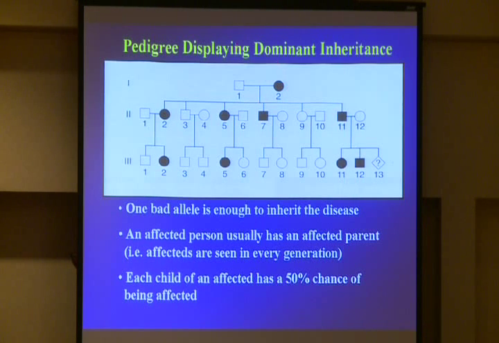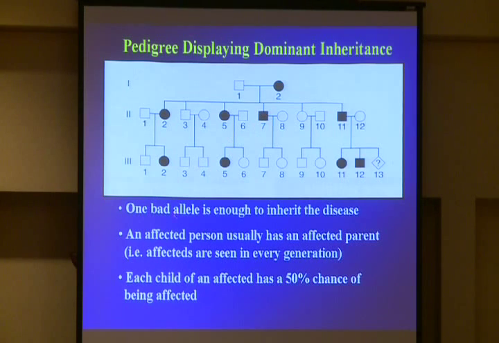The other thing that we have to remember is that for any particular trait, we have two copies. We have a copy that comes from our father and a copy that comes from our mother. When you have a dominantly inherited disease, all you need is to have one of those traits, or alleles we call them, to be defective, and you will inherit the disease.